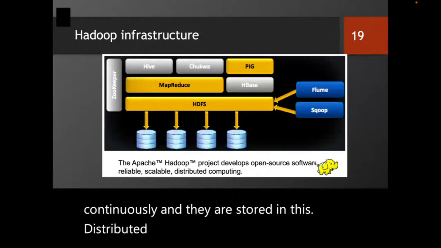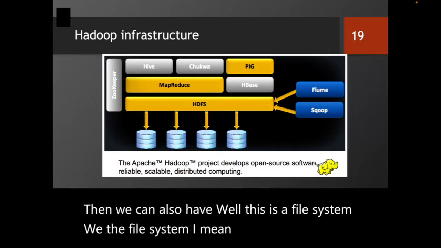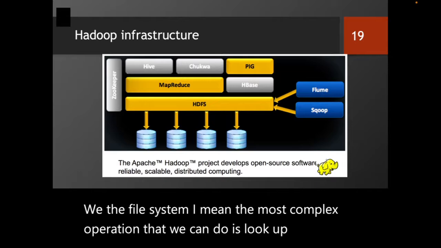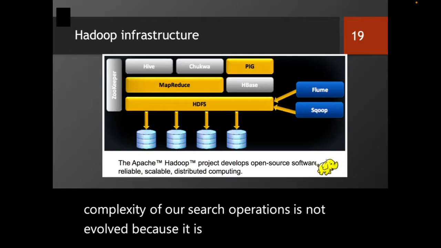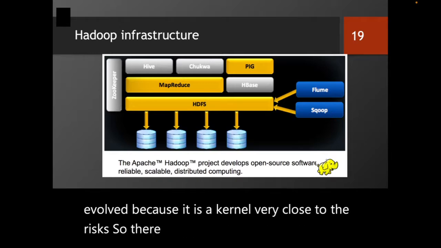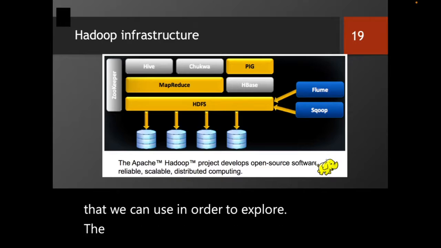Then, this is a file system. We all know the file system. The most complex operation that we can do is look up, but the complexity of our search operations is not evolved because it is a kernel very close to the disks. So there is no further infrastructure that we can use to explore the content stored in the data.